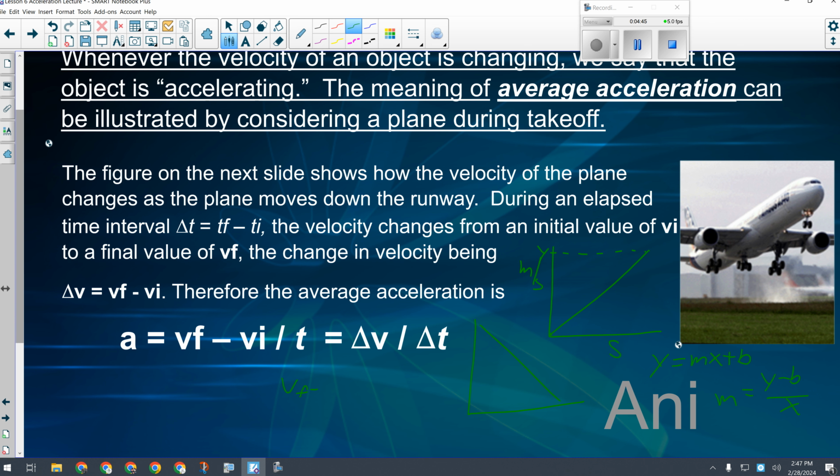It's the y value when x is 0, at time 0. So b would be vi. What's on the x-axis? Does that formula that solves for slope solve for acceleration as well?